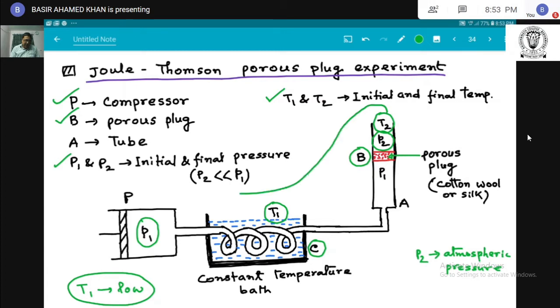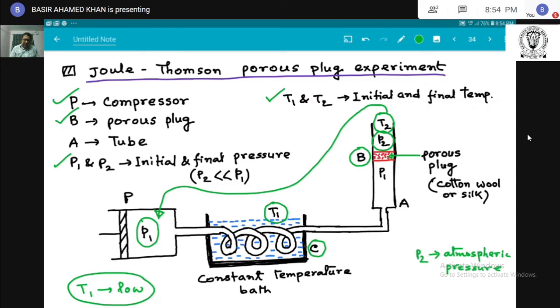Now suppose the gas is cooled after expansion. Then the cooled gas is again put into the compressor and compressed, and again after expansion the temperature becomes lower than the previous temperature.